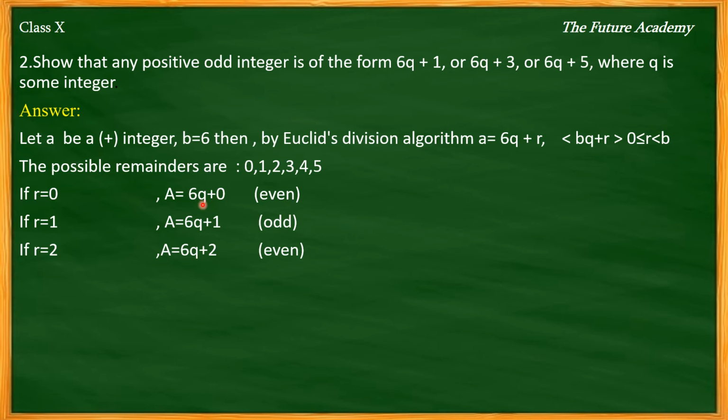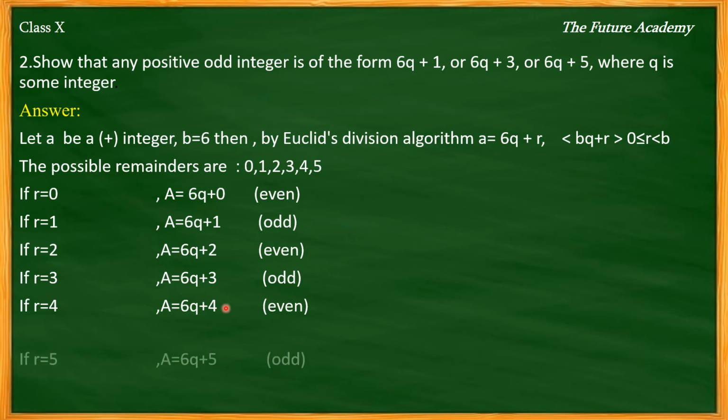If r is equal to 2, we get 6q plus 2. Here an even number plus an even number resulted in an even number. If r is equal to 3, a is equal to 6q plus 3. So we get an odd number. If r is equal to 4, we can write a as 6q plus 4, which is an even number.